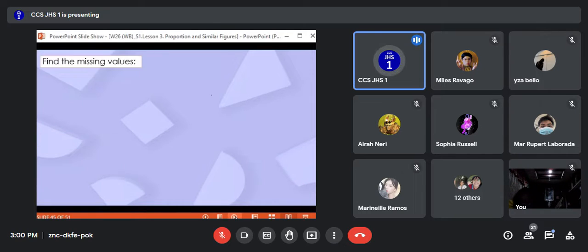Okay, this one, find the missing values. Find X and find Y. We had this last meeting, so let's review again how to solve for the missing quantities. Last time we had 4 ratios. We only have 3 ratios here. So how do you find X and how do you find Y?